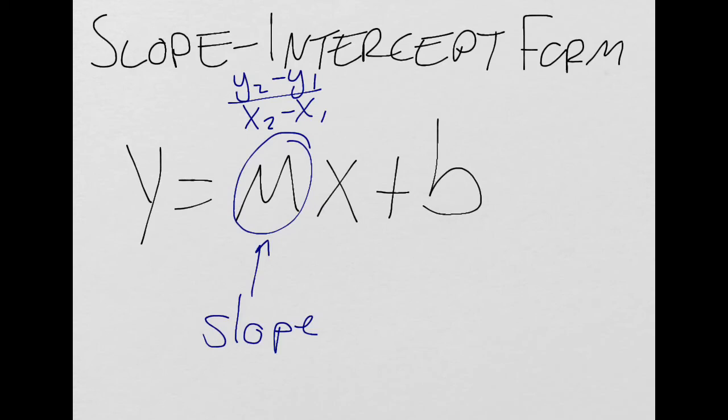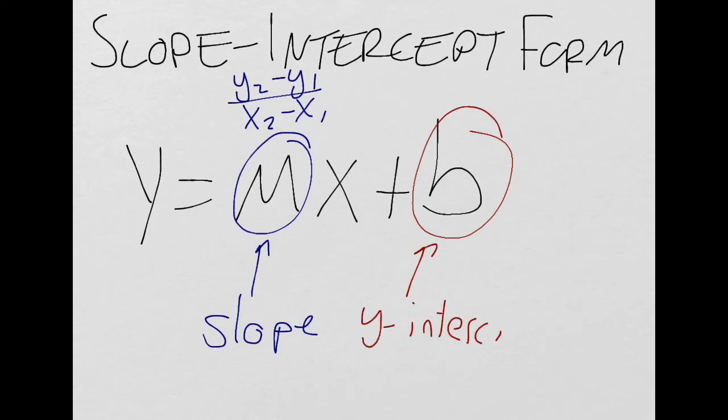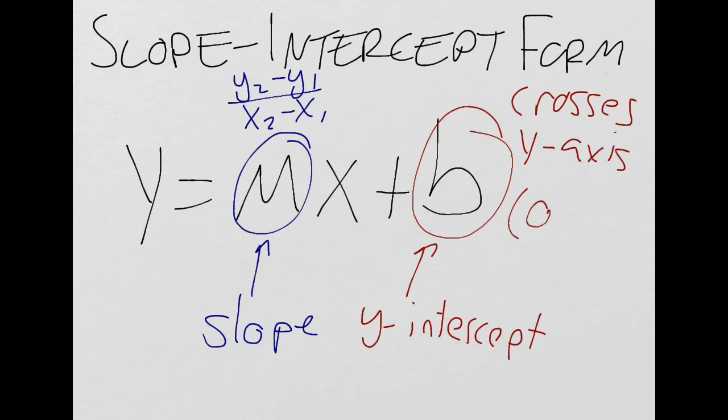So that's our m. And then our b is going to be the y-intercept. So this is the point where our graph crosses the y-axis. And if we were to look at that point on the graph, it would be the point 0, b.